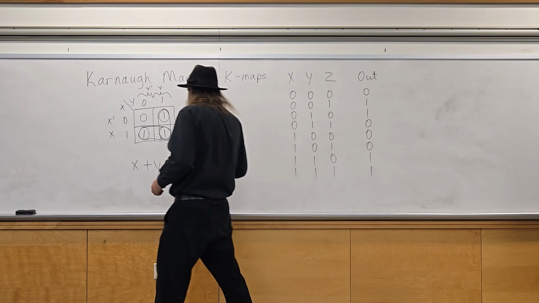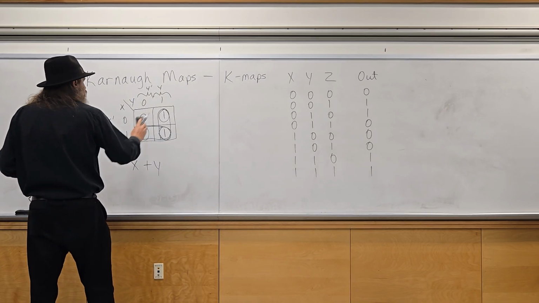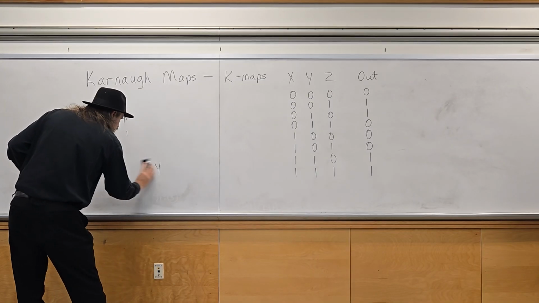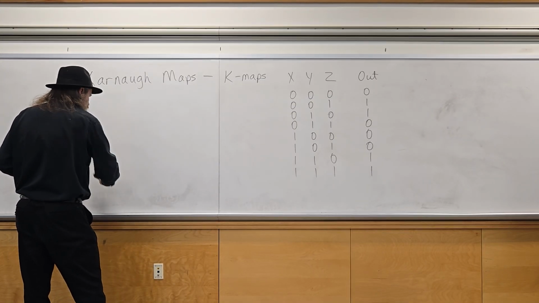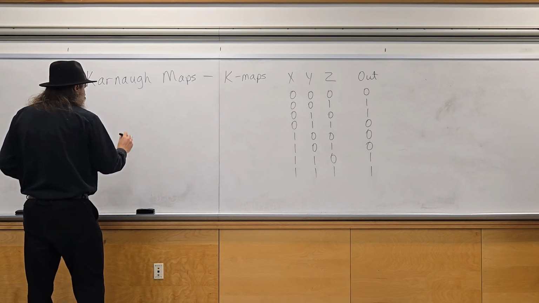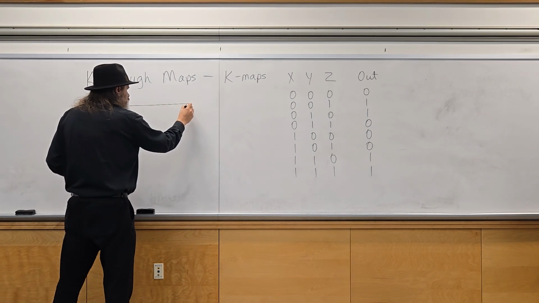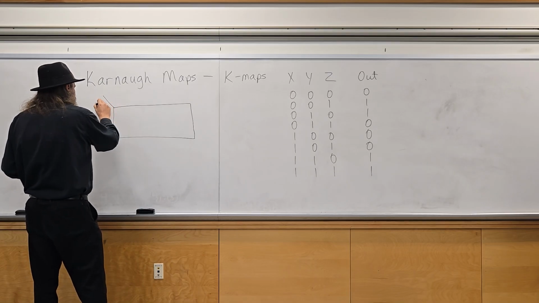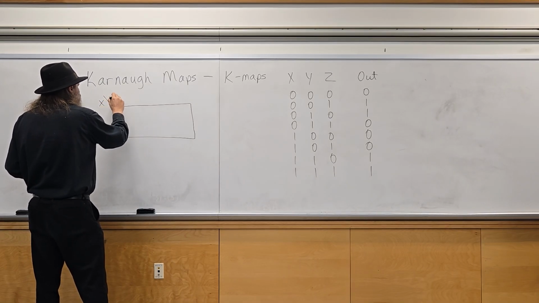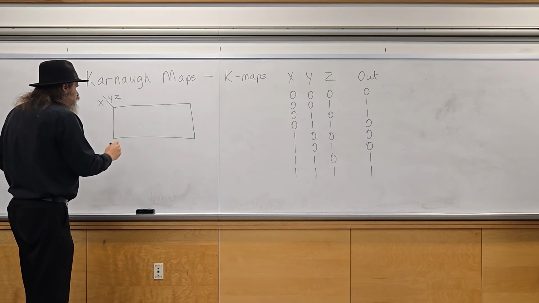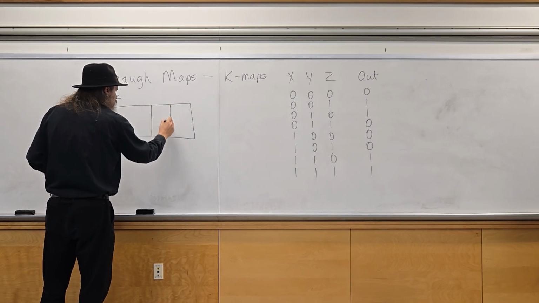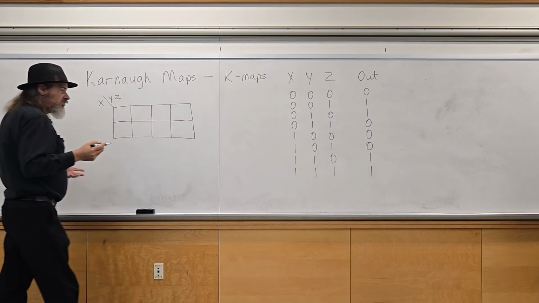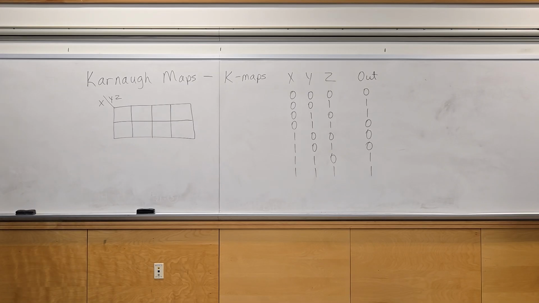Now laying out a 3 or 4 variable Karnaugh map is a little bit more complex. You can have up to 2 variables on each side. X, Y, and Z over here. It has 8 combinations, so you have 8 cells in the Karnaugh map.